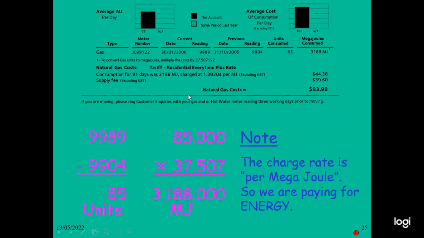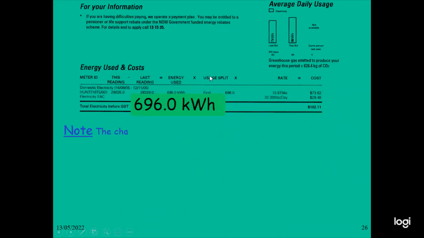They are paying for the energy. In this case, this is a sample of the energy bill. So in this case, a kilowatt hour meter is the power multiplied by time. So 1 kilowatt hour is 3.6 megajoule.